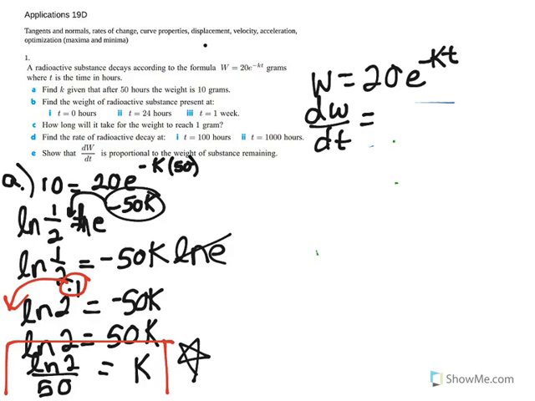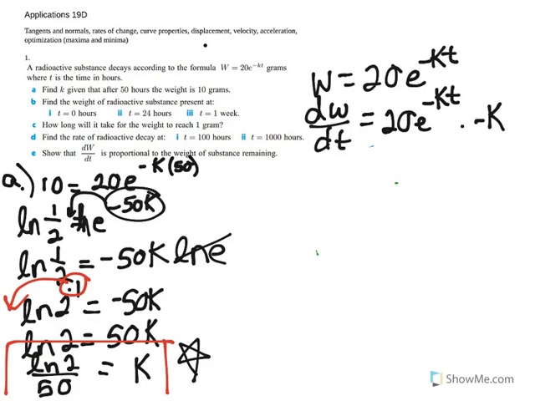So therefore, how do we take the derivative of e to the x in essence? Okay, but the x is a function because there's that multiplier up there. So the derivative is the original e to the f of x times the derivative of f of x. So we have 20 e to the negative kt times the derivative of the exponent, which is just negative k.